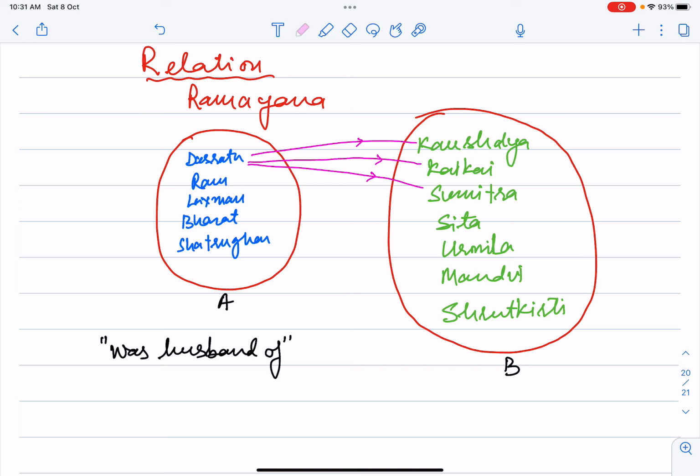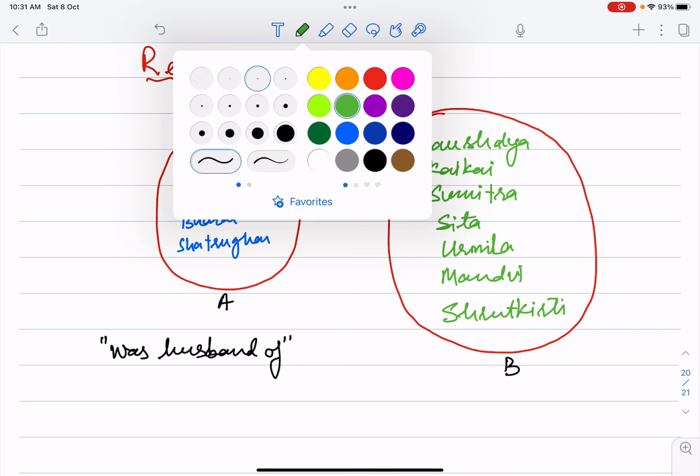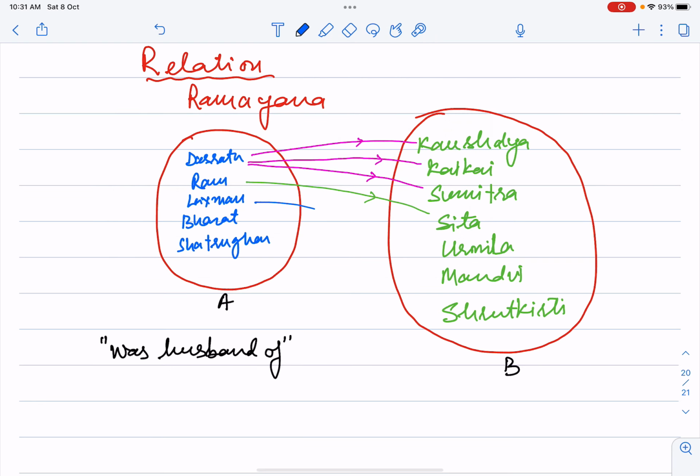And Ram was the husband of Sita. Lakshman was the husband of Urmila. And Bharat was the husband of Mandvi. And similarly, Shatrughan was the husband of Shrutkirti.